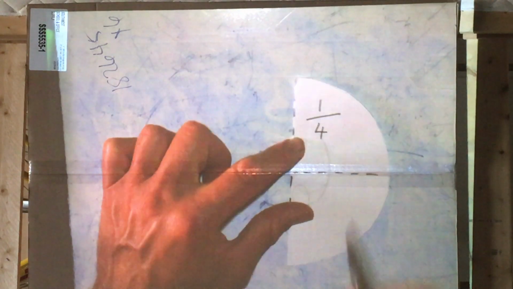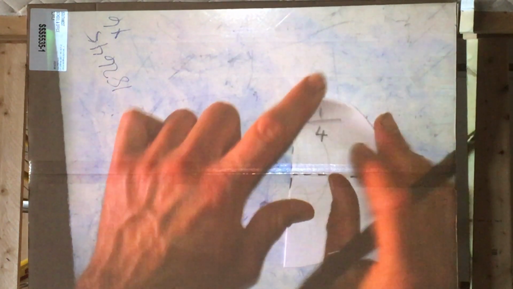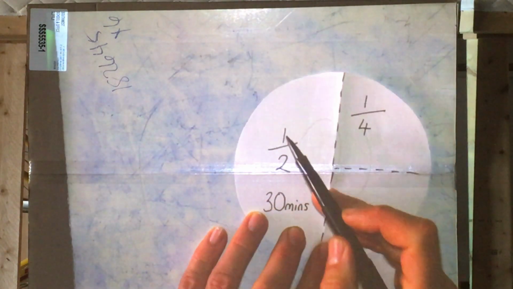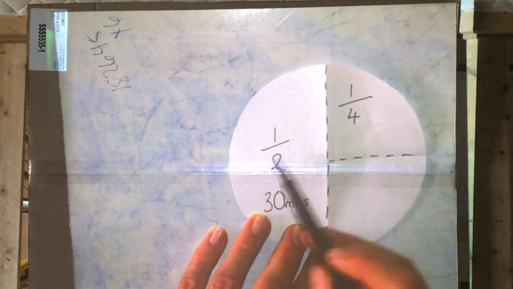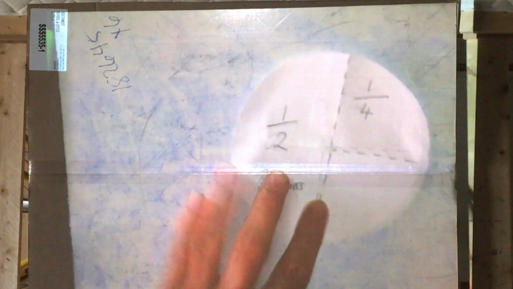Okay, and that's what this line means, to share it equally. So we've got 1 whole one, which is this. And we're sharing it equally between 2 to start with. And then we're going to fold it again, to make another half. In this case, is going to make a quarter.